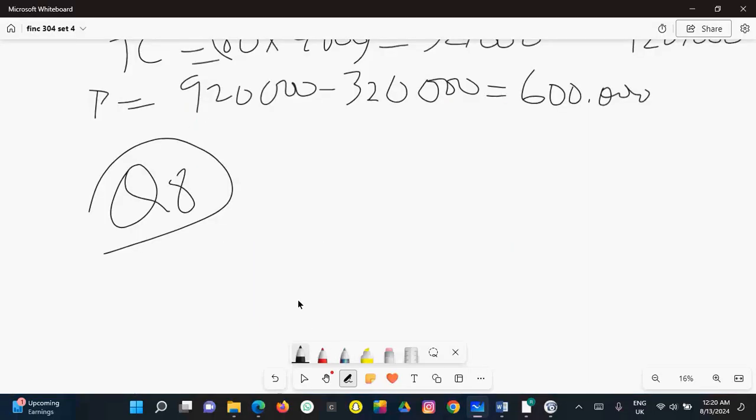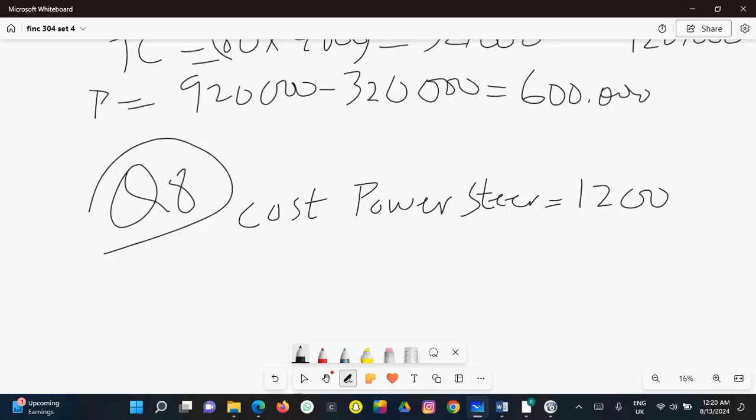Now, the cost of power steering is 1,200, right?